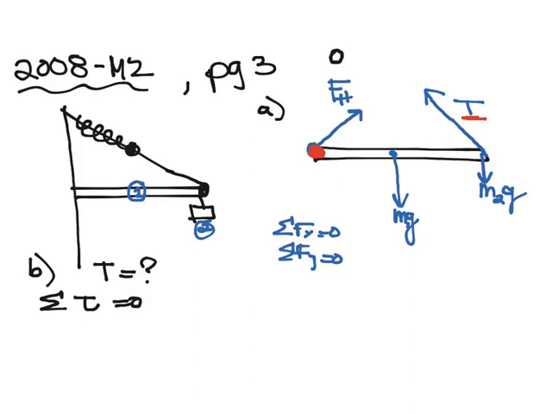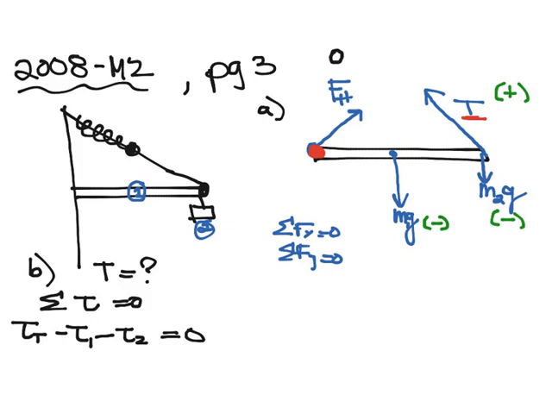M1G will make a negative torque, M2G will also make a negative torque, and tension will make a positive torque. Now I have to write out the individual torques. So I have the torque of the tension, which is positive, minus torque 1 for M1G and torque 2, and I set that equal to 0.